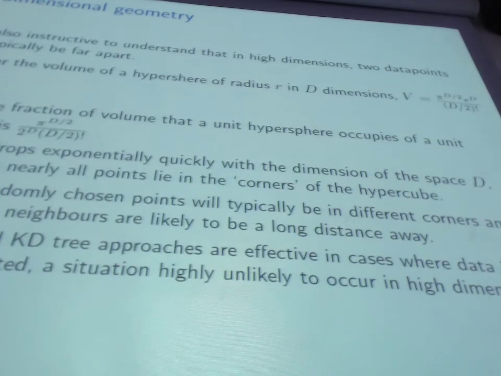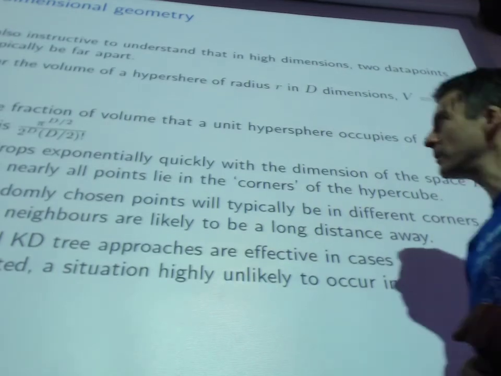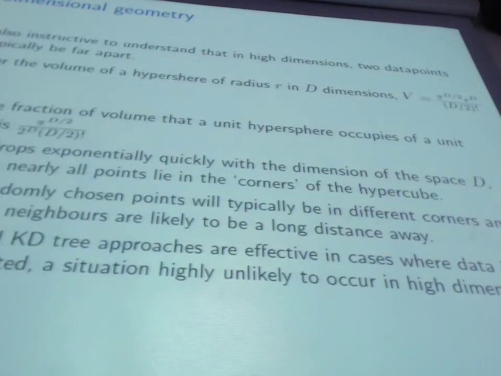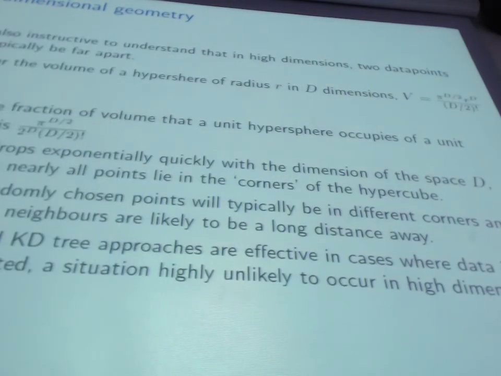Let's think about this in another way. Let's say that you have this unit [0,1] hypercube in d dimensions. And we're going to put a hypersphere inside this hypercube. We're going to see what fraction of the unit volume is made up of the volume of the hypersphere.